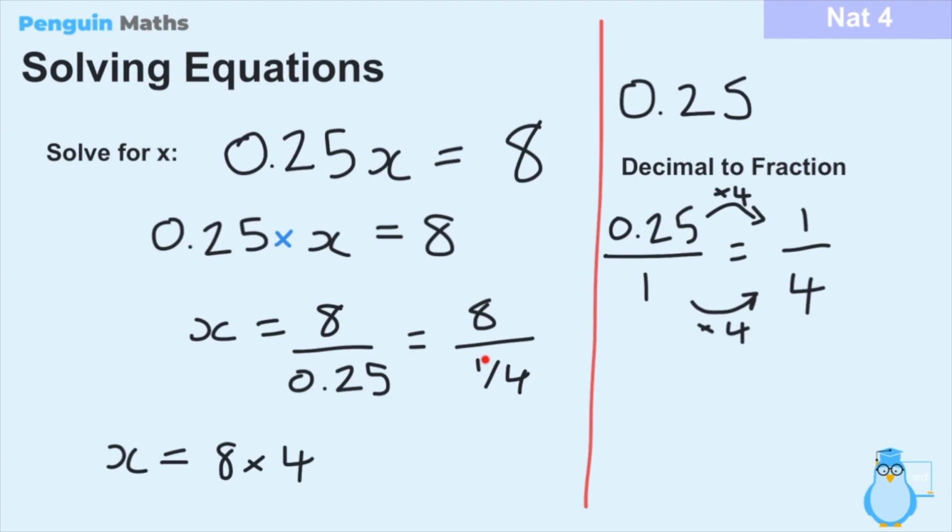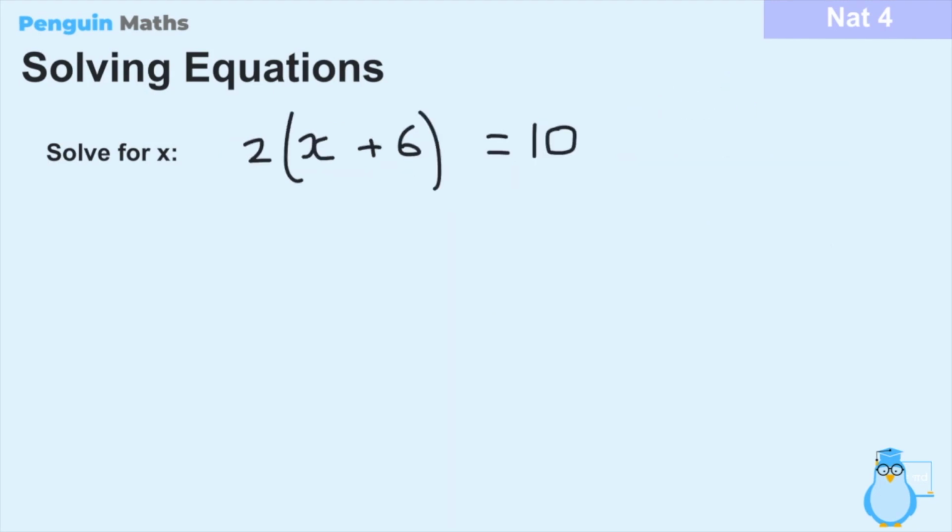What we can just do is cancel out both of these if there's 2 of them and move the bottom number here on the top, and that means we can write this as x is equal to 8 times 4, or x is equal to 32. Now have a look at this example.